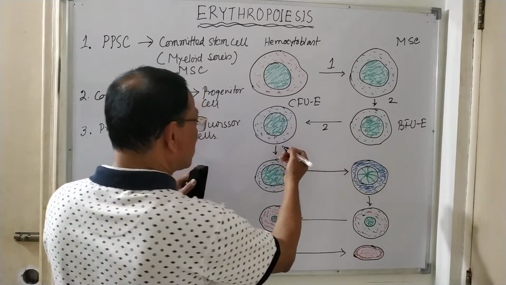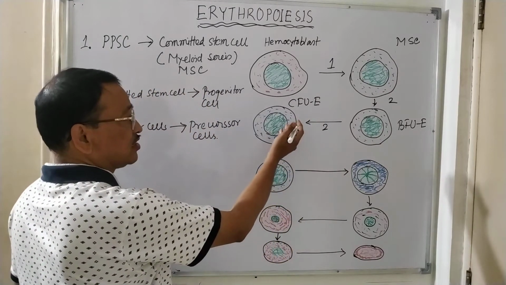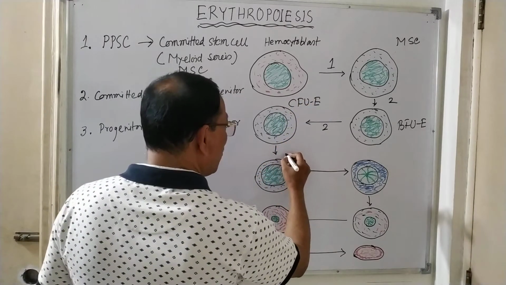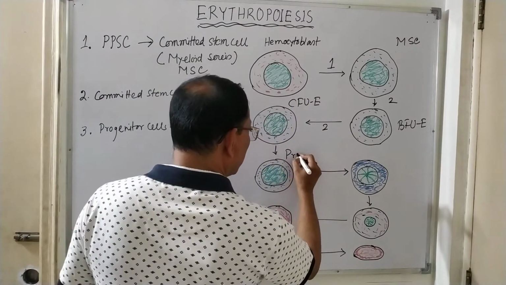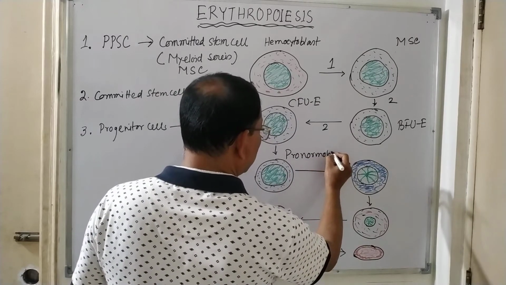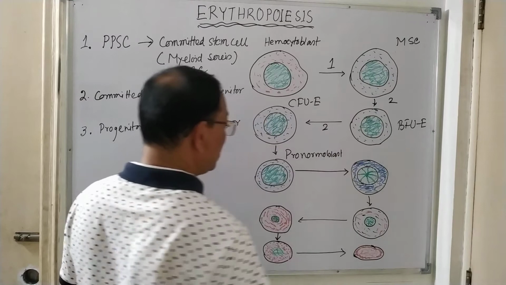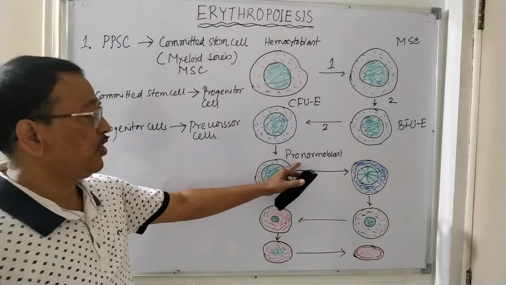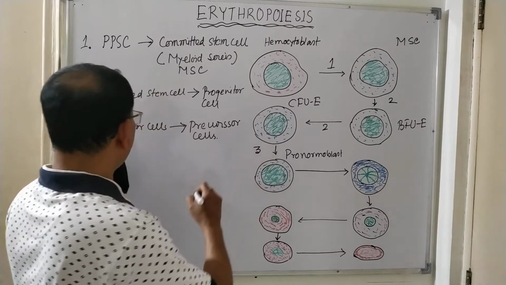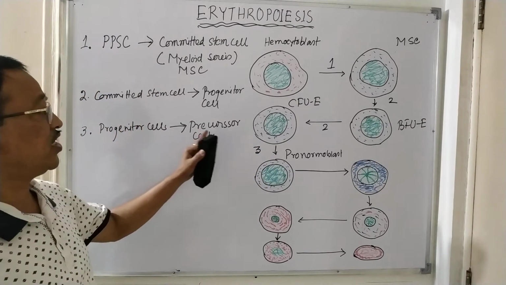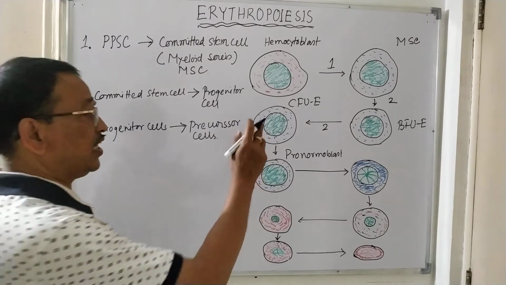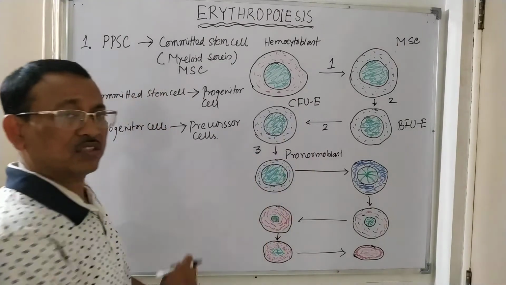The first precursor cell that is differentiated from the CFU of the E series is known as the pronormoblast. So this is the first precursor cell of stage 3, where the progenitor cells are differentiated into the precursor cells.